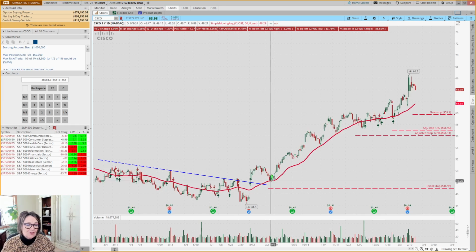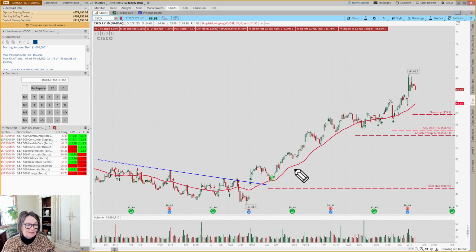And if their first stop was put 3% below the 30-day moving average, and you could make it 4% or 2% or 5%, I'm just using 3% as an example, the initial stop would have been around 46.98. Then as part of your weekly routine, you might have chosen to adjust your stop when it came up here and then continued to go up.